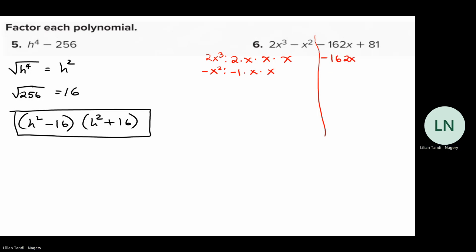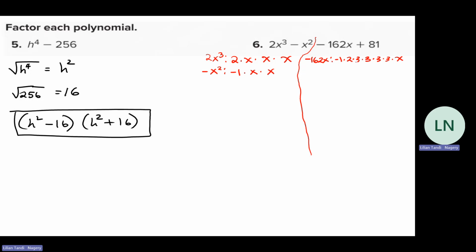I need more space. Make this line go like this. Okay, so negative 162x is going to be negative 1 times 2 times 3 times 3 times 3 times 3 times x.